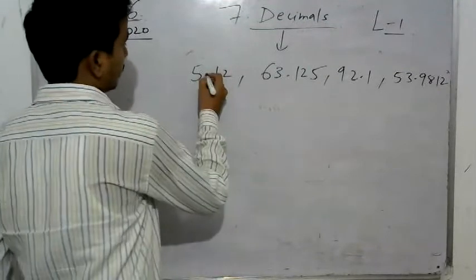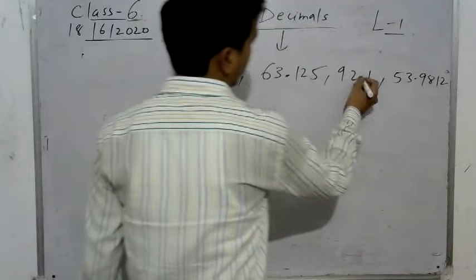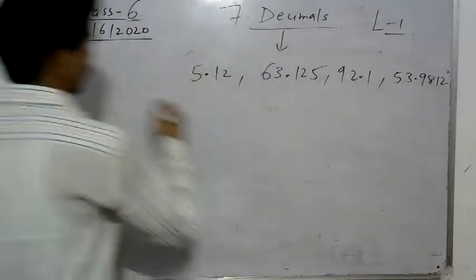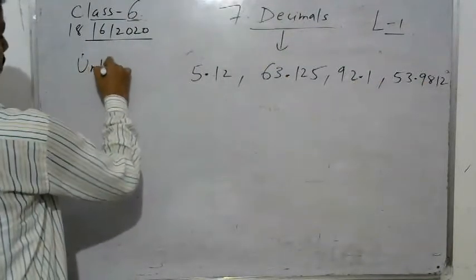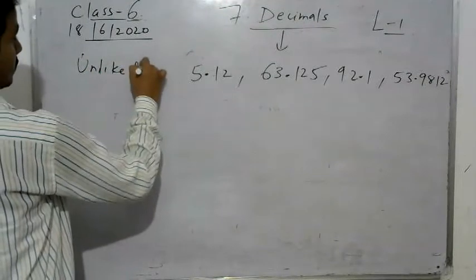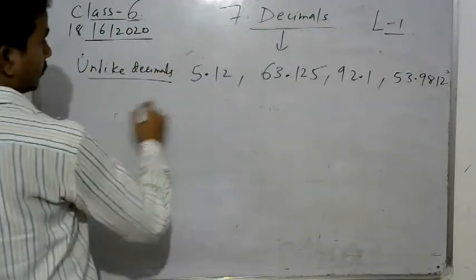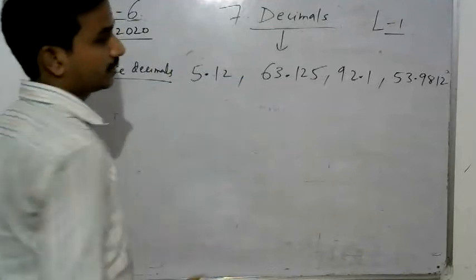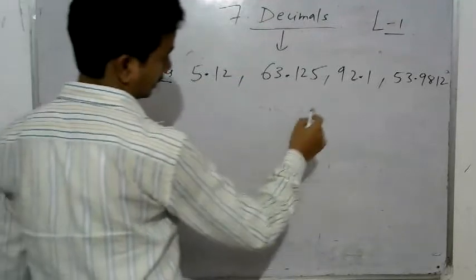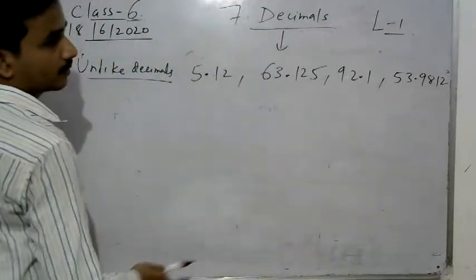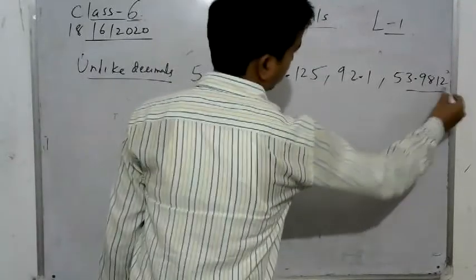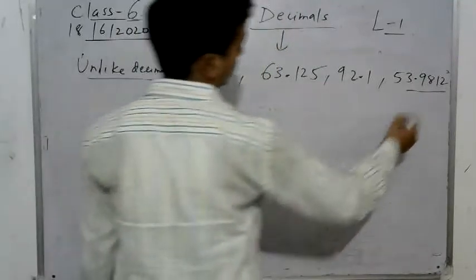These are unlike decimals, and we have to make them into like decimals. How do we make like decimals? See the highest. Which decimal number has the highest number of decimal places? This decimal number has 4 decimal places.